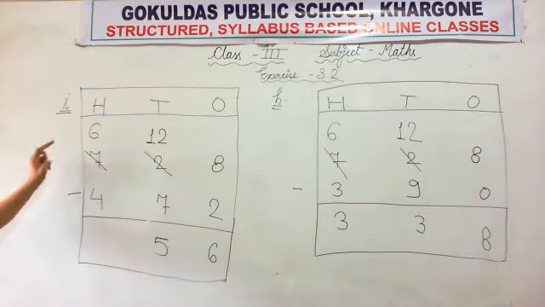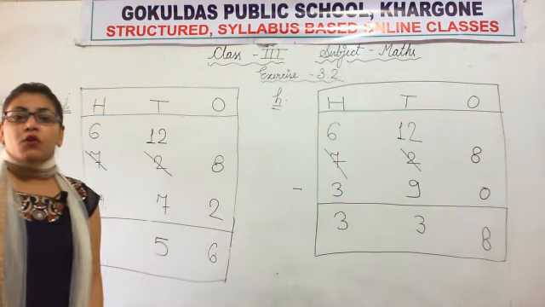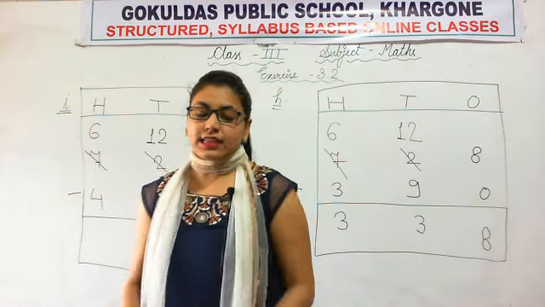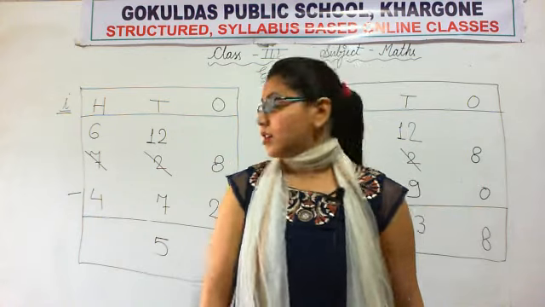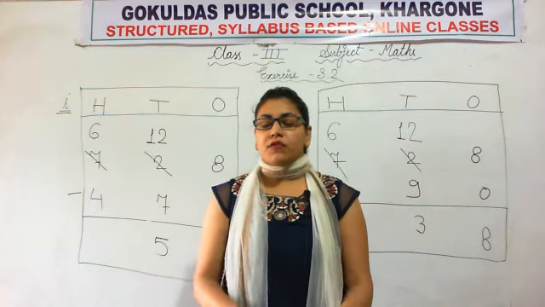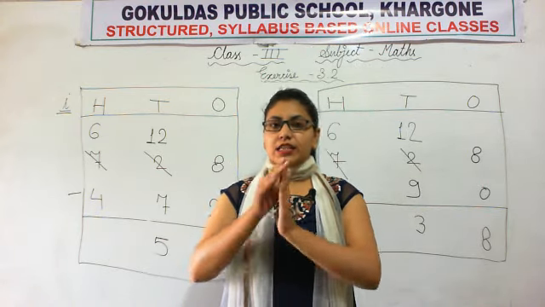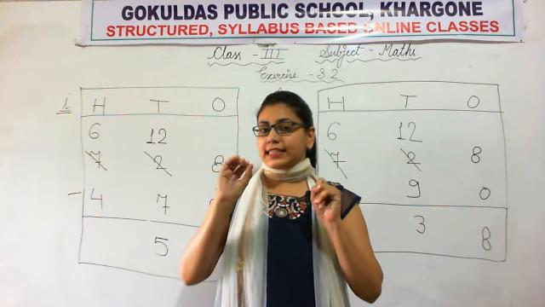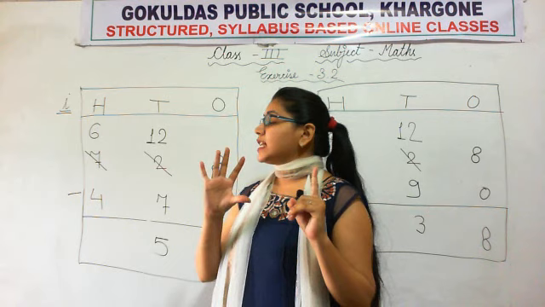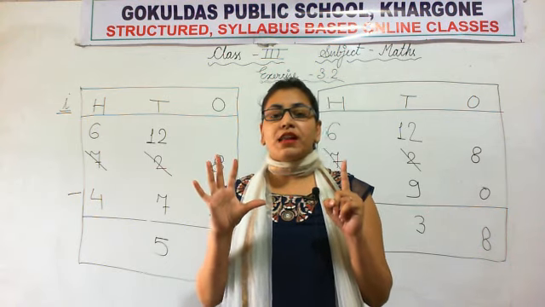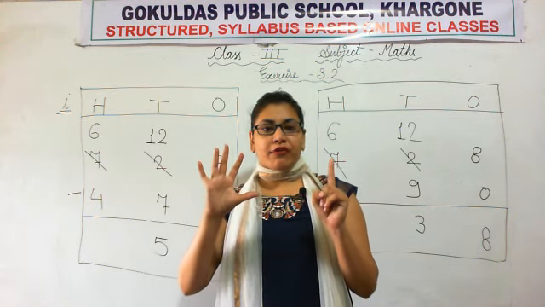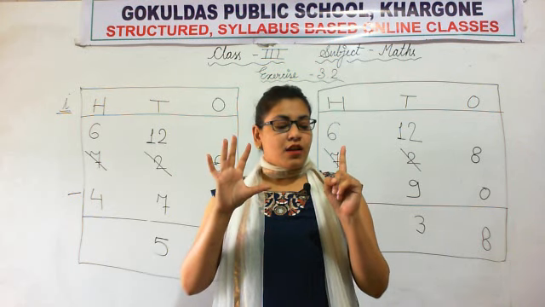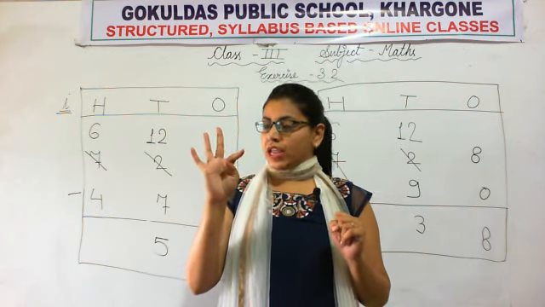Okay. Now 6 minus 4. Can we remove 4 from 6? Yes, we can, because 4 is the smaller number. So first of all we will count 6 fingers: 1, 2, 3, 4, 5 and 6. 6 fingers minus 4 means we will take away 4 fingers: 1, 2, 3, 4.